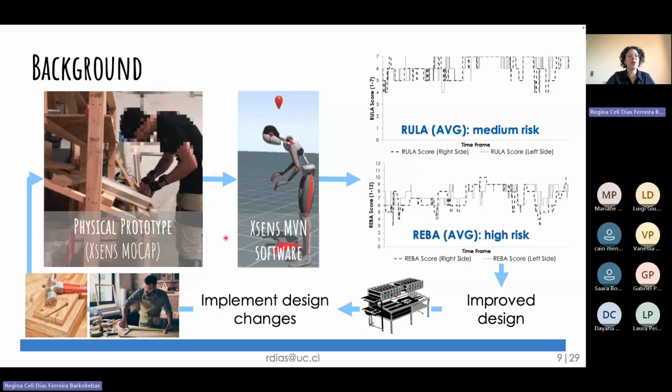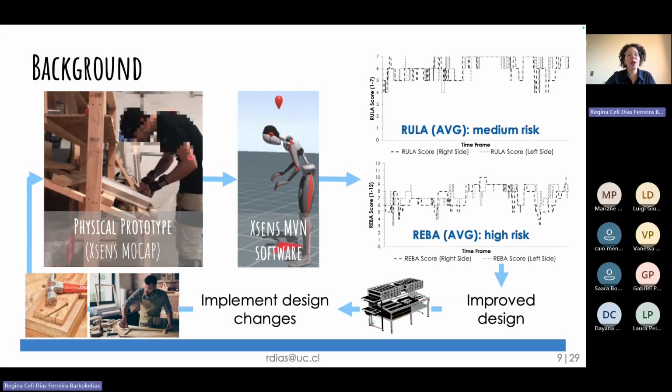To do that, usually we have physical prototypes like this one, really simple, made of wood. We did that in the shop floor at the university, and we could collect data. We could use the same sensor that I'm using with virtual reality, which here is a motion capture sensor called Xsens. You'll have a better view in the next slide of how it works.